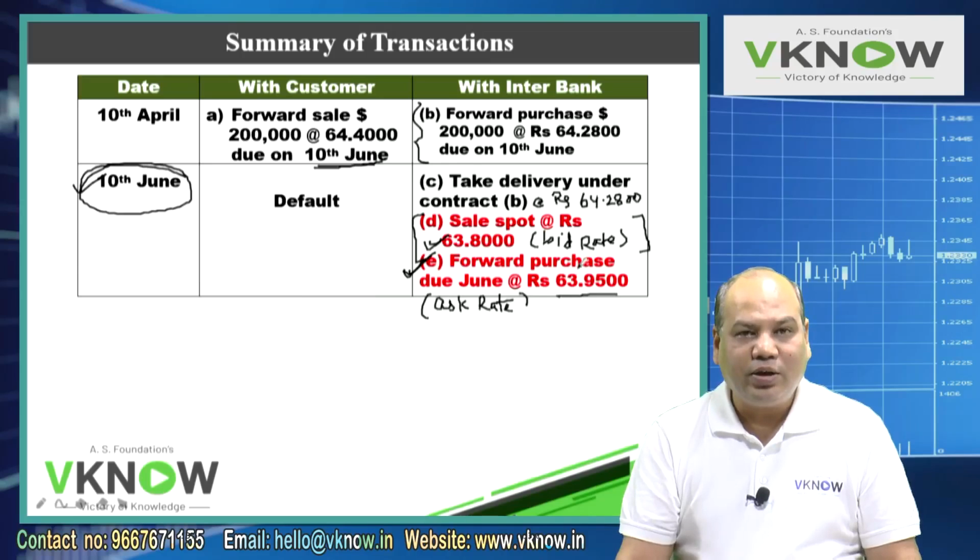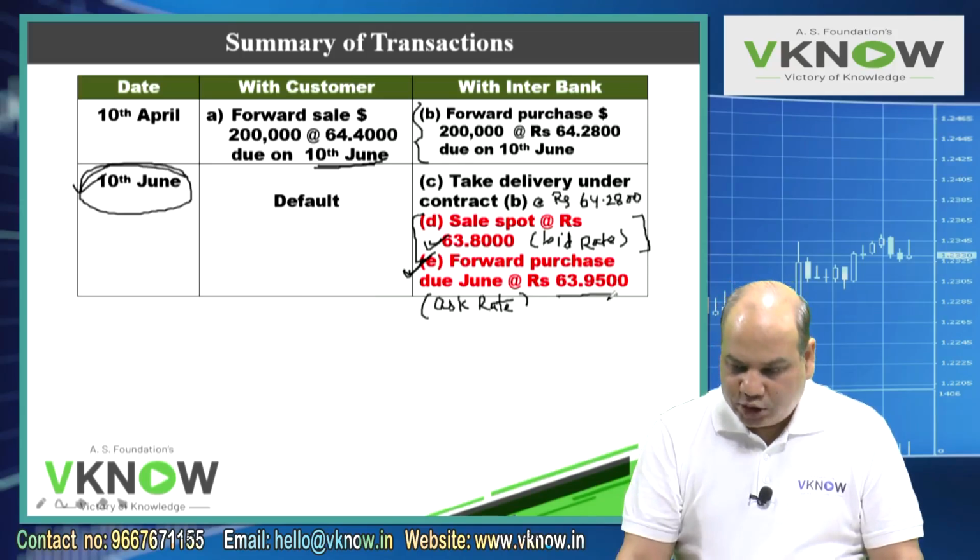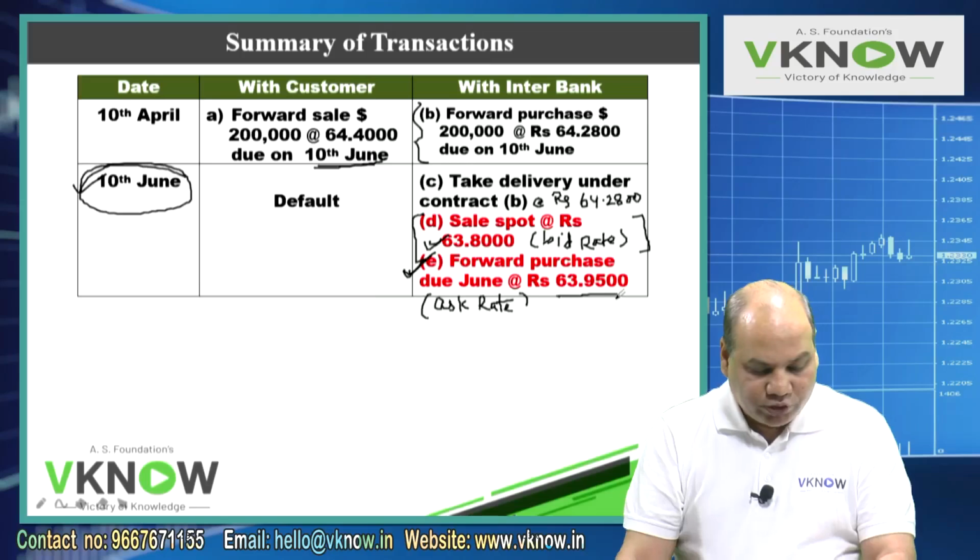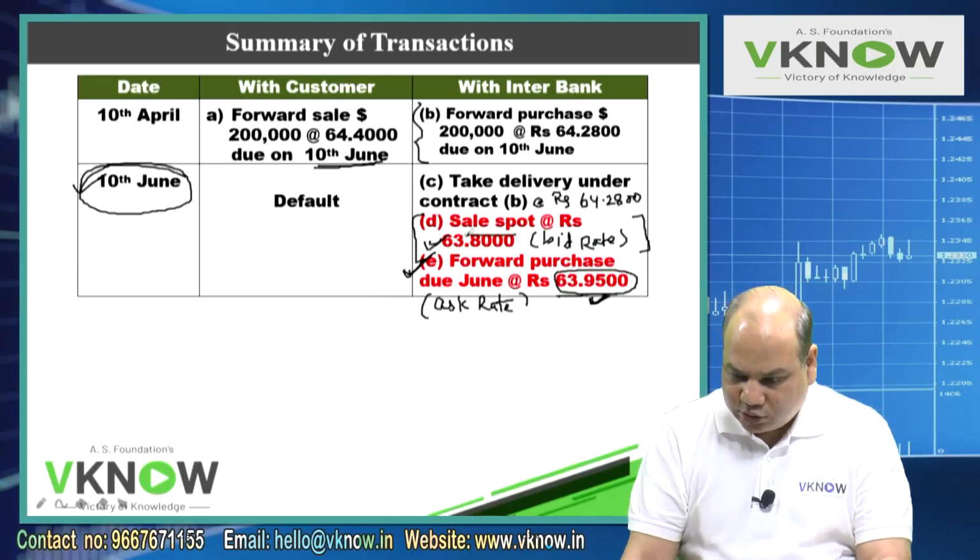So interbank selling rate, ask rate, will be applicable. On 10th June, second line, you will see this ask rate 63.9500. So you can circle that rate. You can circle this rate also.